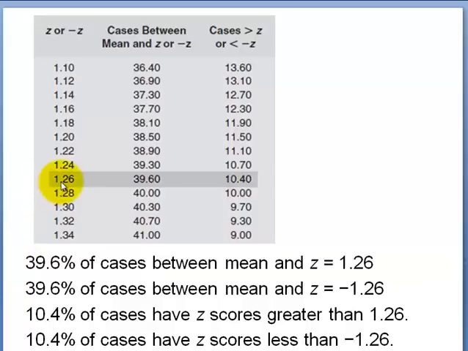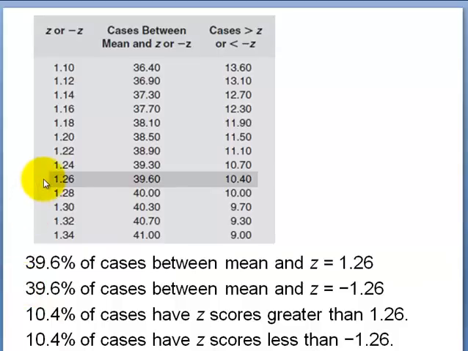So our first question probed the percentage of cases located between the mean and a z-score of 1.26. We come down the first row to find 1.26. We come over to the middle column, and here is the percentage, 39.6%. Then the second question from the prior slide asked about cases between the mean and a z-score of minus 1.26.